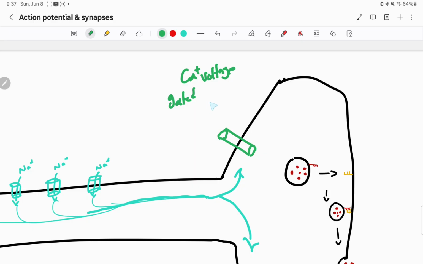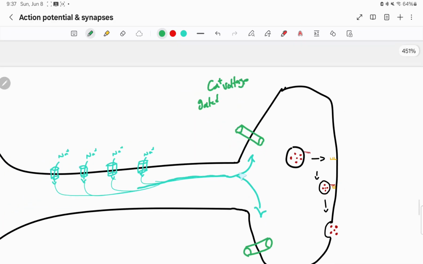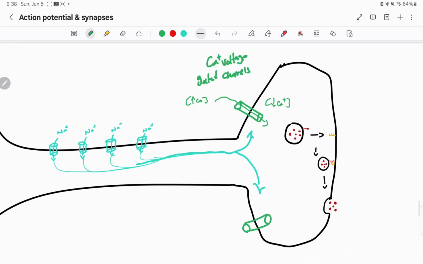Just know that the positive charges from the action potential will keep moving until they open up these calcium voltage-gated channels at a very specific voltage, right? And once they do that, you know what's going to happen? Typically, calcium is very high outside of the cell and very low inside of the cell. So what will it do? It will move from outside to inside.